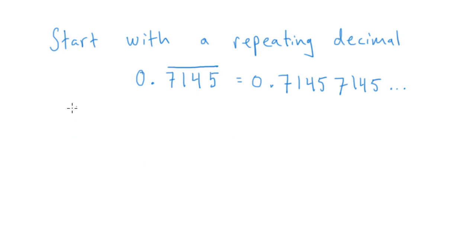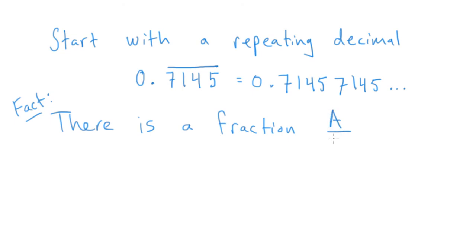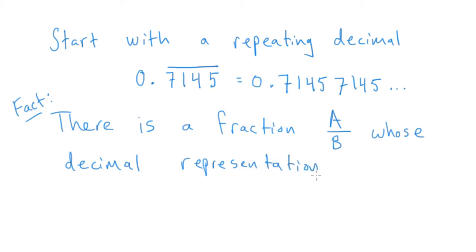So there is some fraction, again, this is another fact, there is a fraction, a over b, whose decimal representation is exactly this decimal number that I wrote down.